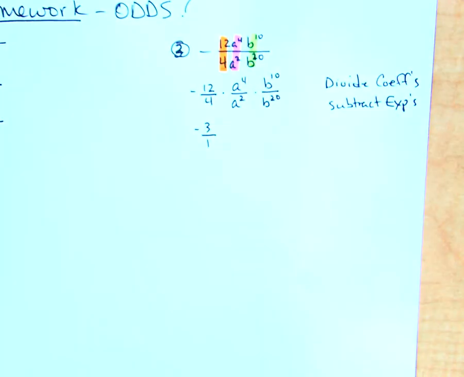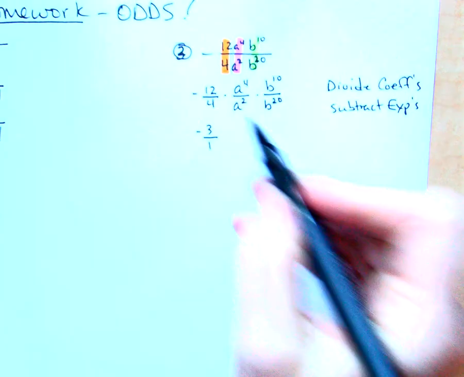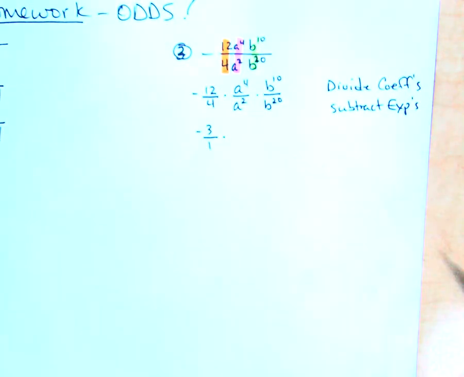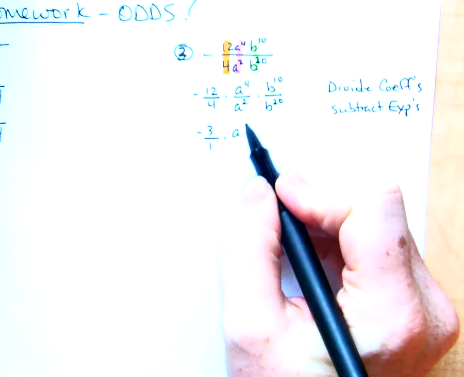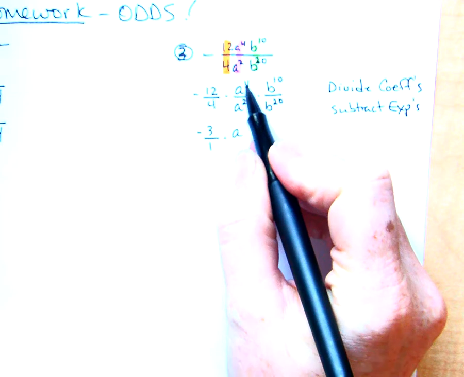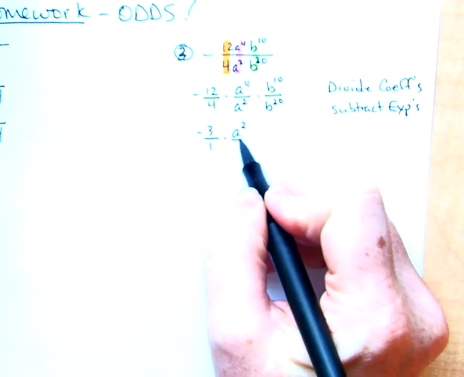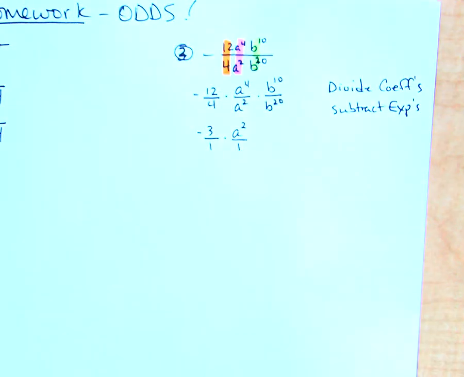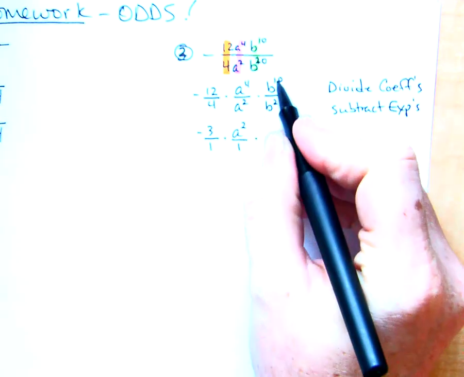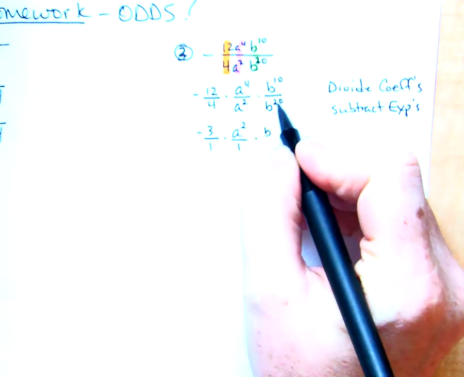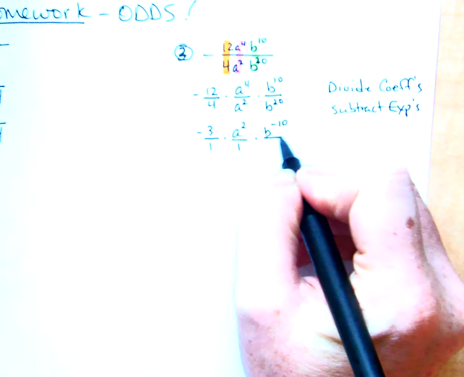And I'm just going to go ahead every single time and leave it as a fraction because I know it's going back to a fraction. When I divide a to the 4th by a to the 2nd, that's a to the 4 minus 2, and 4 minus 2 is 2. And when I divide b to the 10th by b to the 20th, that's 10 minus 20, which is negative 10.